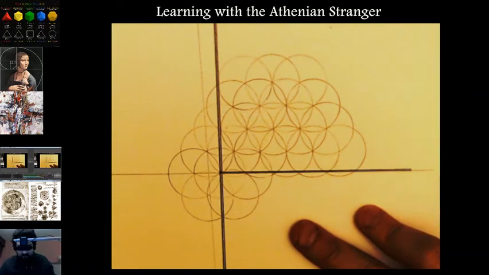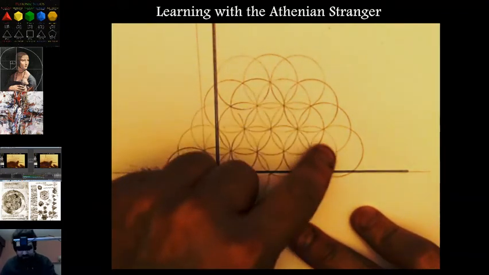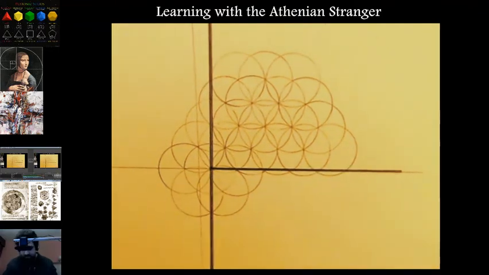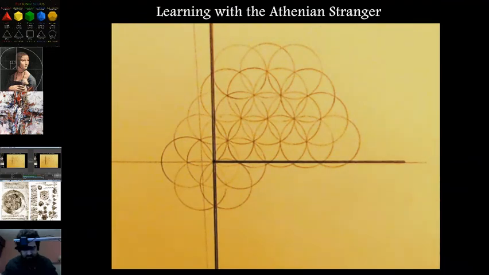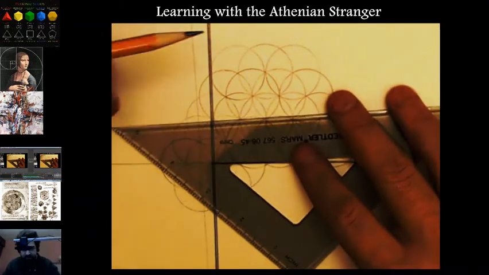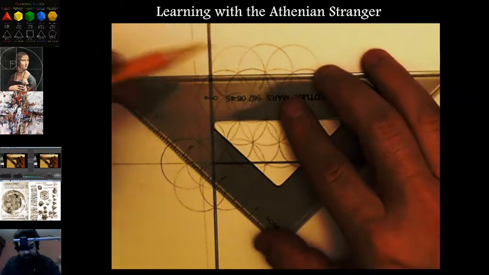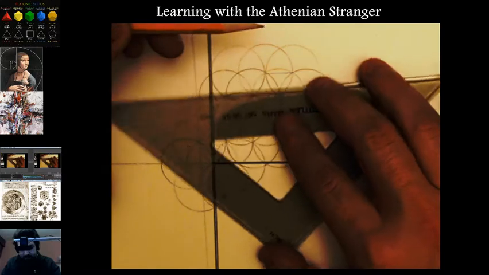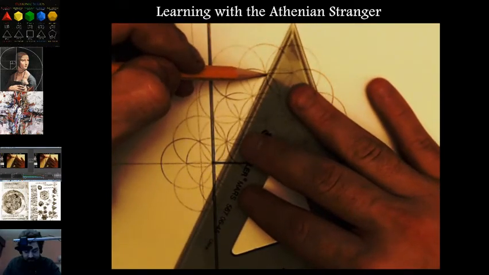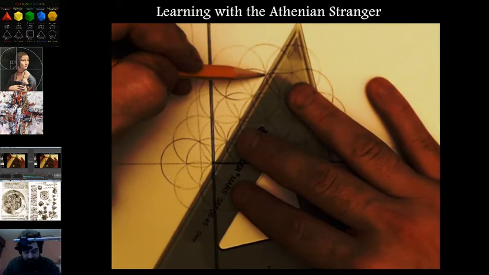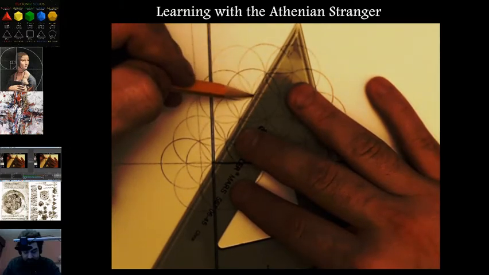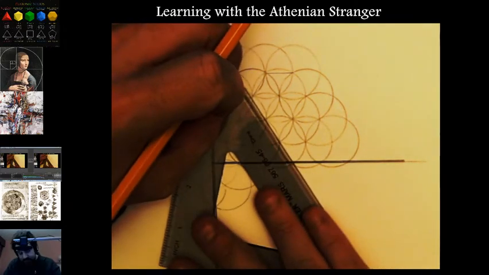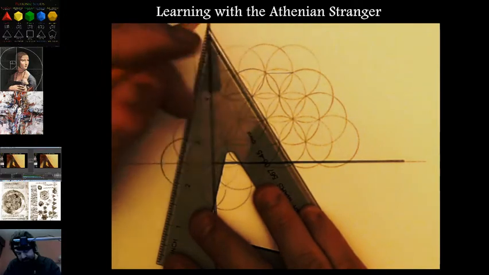So now I have a number of little petals or small seeds, if you wish. It's not important for this video, but if we take just one of these little petals and connect the dots, you can see geometric shapes emerge from that. This is a platonic solid that I'm drawing.